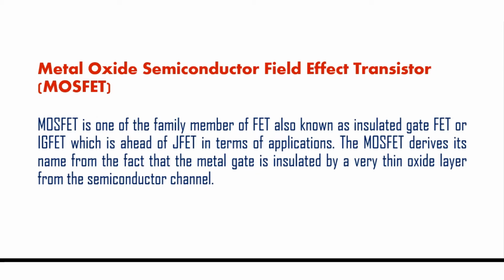So MOSFET is one of the family members of FET, also known as insulated gate FET or IGFET, which is ahead of JFET in terms of applications. The MOSFET derives its name from the fact that the metal gate is insulated by a very thin oxide layer from the semiconducting channel.